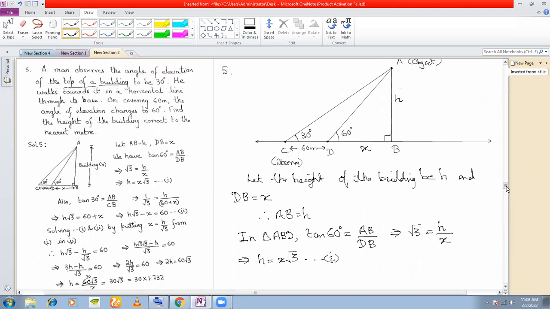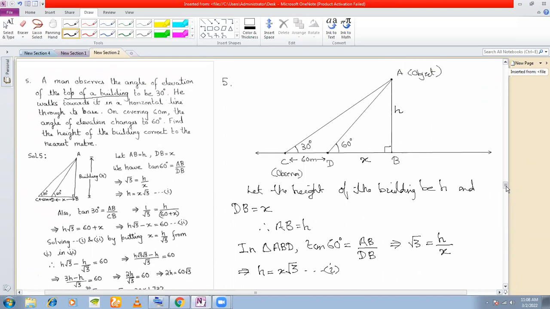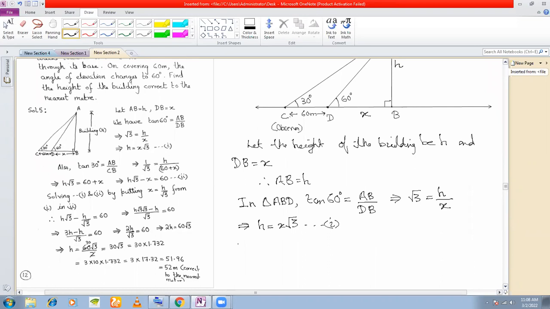Next, what triangle shall we use? We shall use the 30-degree angle in triangle ABC. Let's write in triangle ABC, tan 30 degrees is equal to AB by CB. And the value of tan 30 is 1 by √3.